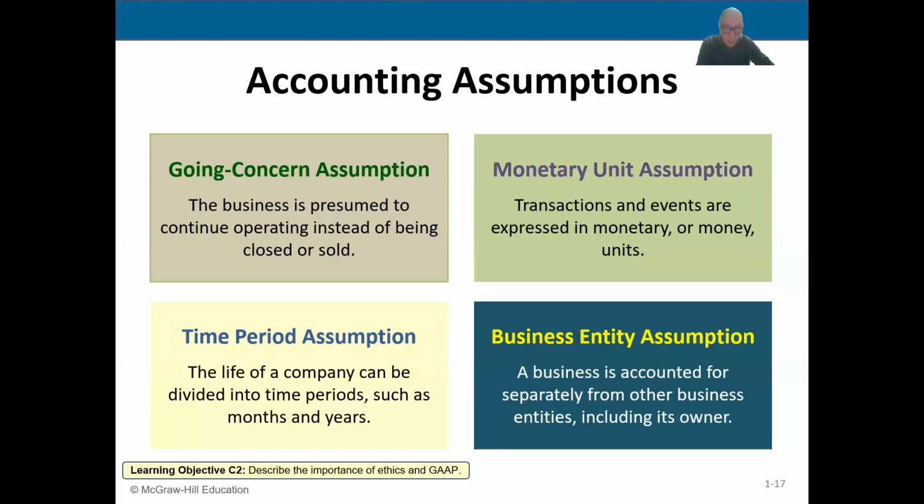Anything else, right? British pound. Time period, is it a month? Is it a quarter? Half a year, also known as semi-annual, or year? So those are the four time periods. And the business entity, is it sole proprietorship, LLC, partnership, C Corp, S Corp, etc. These are the four assumptions.